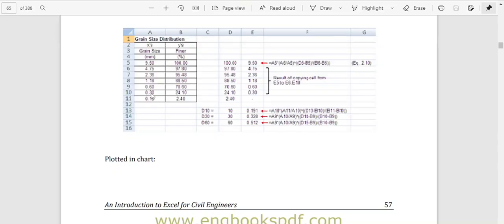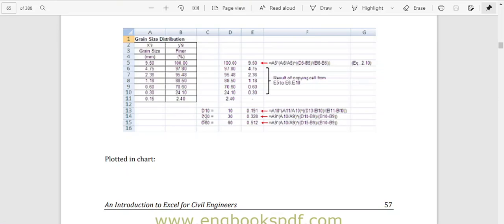Now the next thing you have is yi plus 1, which is A11. Now all over yi, which is this, now times raised to the power x.